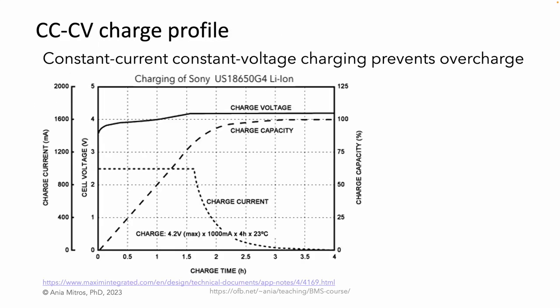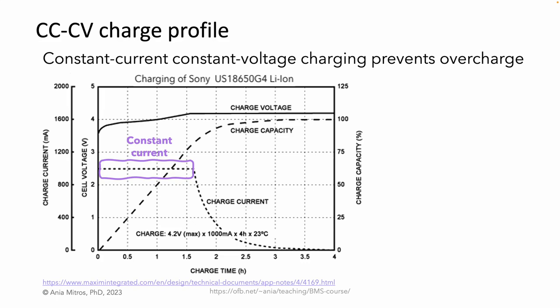Lithium-ion cells should not be overcharged. Overcharging damages lithium-ion cells. To address this, lithium-ion cells are typically charged with what's called CCCV, or constant current, constant voltage charging. From 0% state of charge to about 80% state of charge, the cells are charged with constant current.